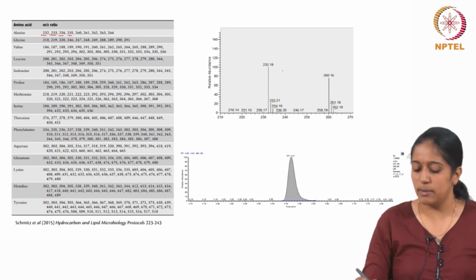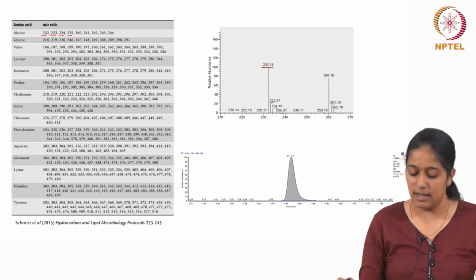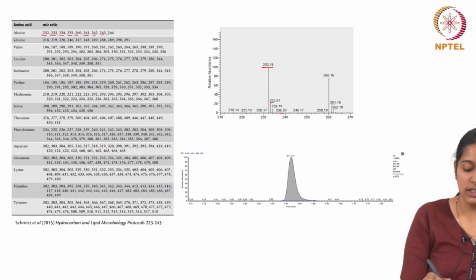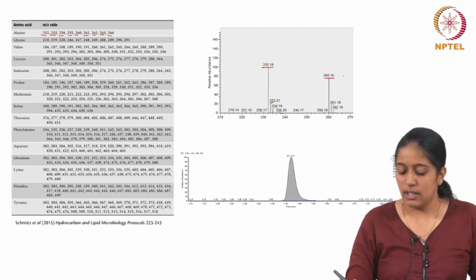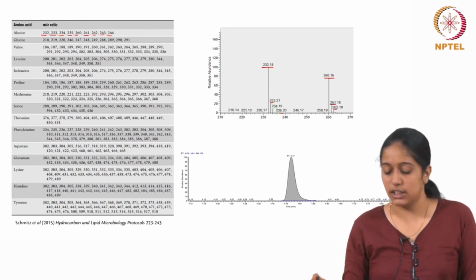This is how your mass spectrum will look. You have 232, 233, 234, and 235 is not here because it is not labeled. You also have other fragments being detected, with masses from 260 to 264, and here you can find the mass spectrum consisting of masses 260, 261 and 262.